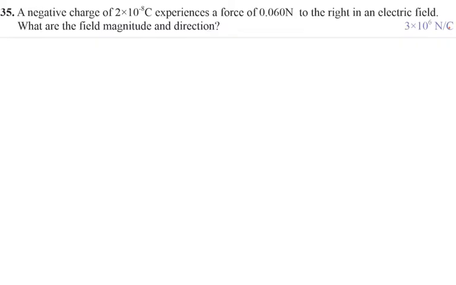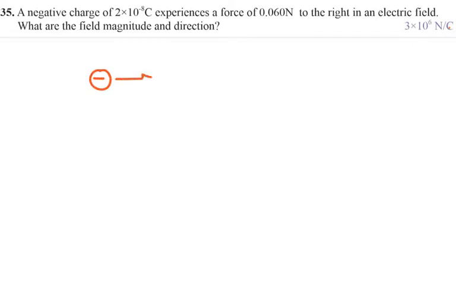For this question, a negative charge, and they give you the charge, 2 × 10⁻⁸ coulombs, experiences a force of 0.06 newtons to the right in an electric field. What is the field magnitude and its direction? So let's say I have a negative charge, and it experiences a force to the right.